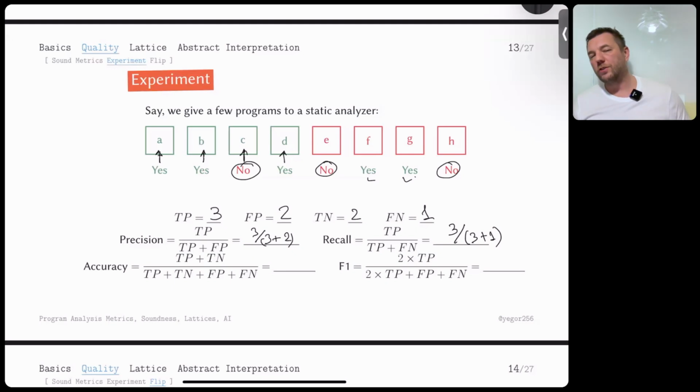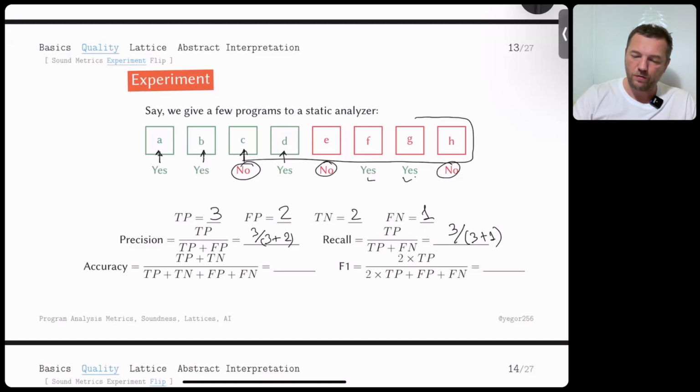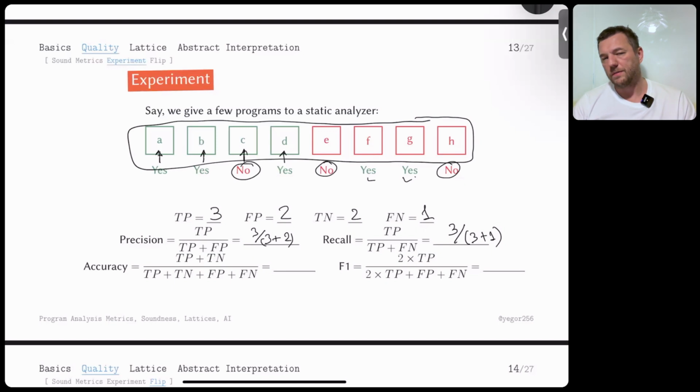That's how we measure analyzers. There's no rocket science, nothing difficult, but you just need to understand what these magic words actually mean, like true positive, true negative, and so on. The question usually, when you test the analyzer, is how to design this set of tests, set of experiments.